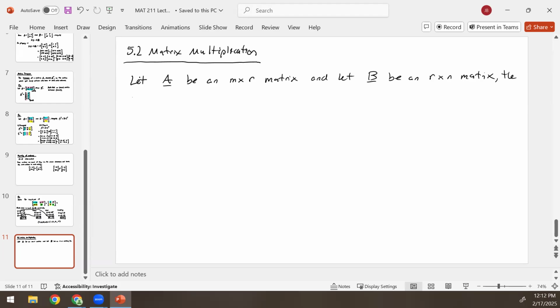The product, or multiplication, of A times B. When we multiply two matrices, we usually just put them next to each other. We actually don't put anything in between them, but you can. I wouldn't put a dot between them because we use that for dot products in matrices, so be careful with that. It's going to be as follows.